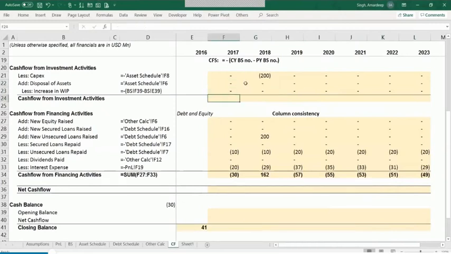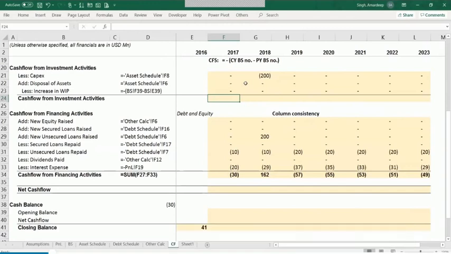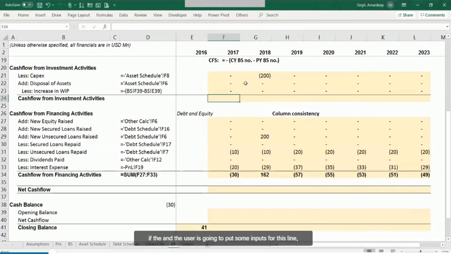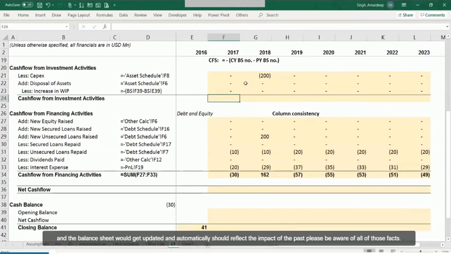The reason for this is, no matter whether it is zero or not, if there is a line item in the balance sheet, it needs to be called in the cash flow statement and the formula put appropriately. For the same reason that I've been saying again and again, that if the end user is going to put some inputs for this line, then the balance sheet would get updated and automatically it should reflect the impact on the cash flow statement. So please be aware of all of those facts.